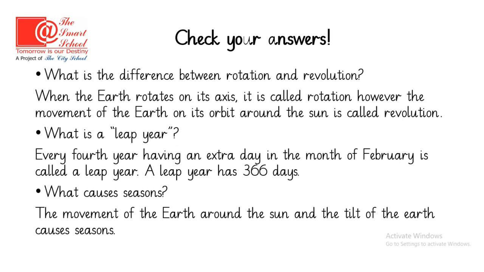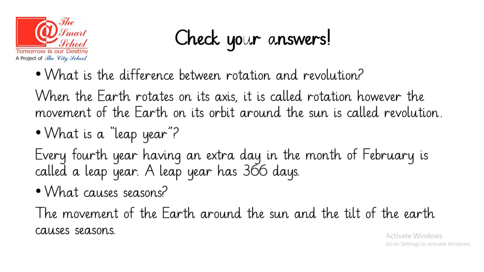What is the difference between rotation and revolution? When the earth rotates on its axis, it is called rotation. However, the movement of the earth on its orbit around the sun is called revolution. What is a leap year?